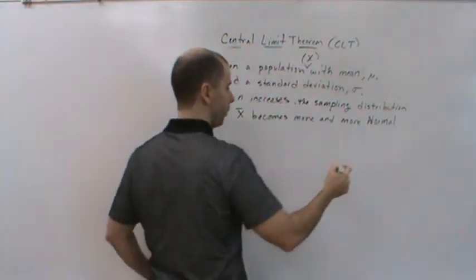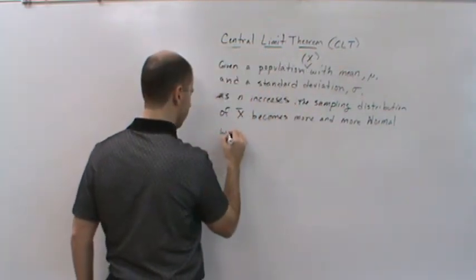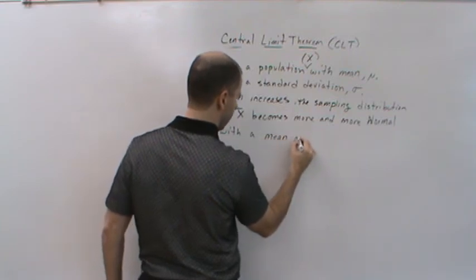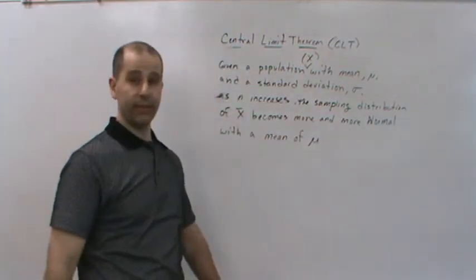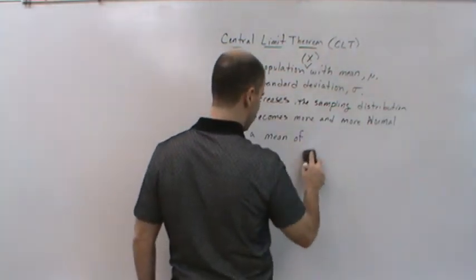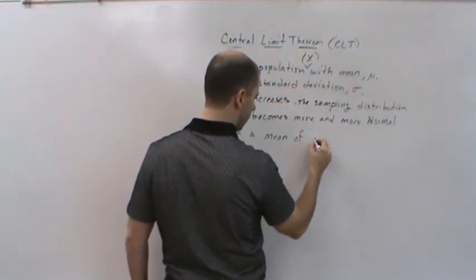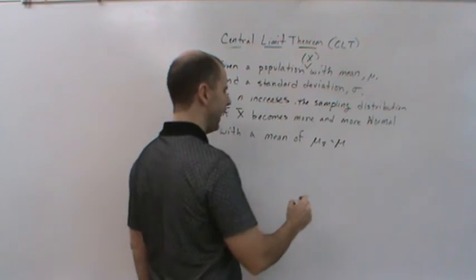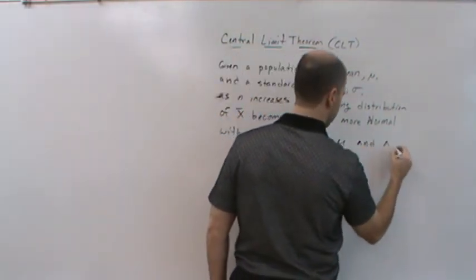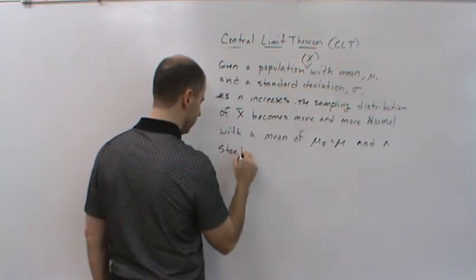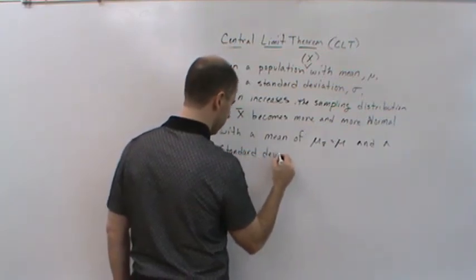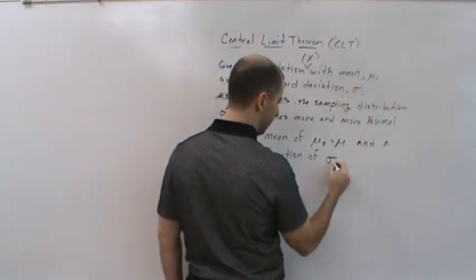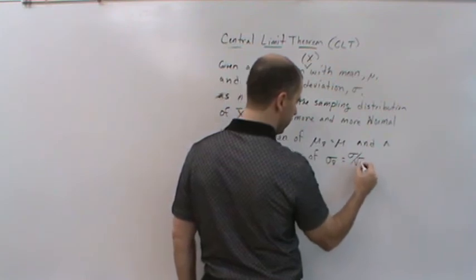Okay, now with a mean of mu. So again, the mean of the means is mu, so mu of x bar is equal to mu, and a standard deviation of sigma of x bar, which is going to be equal to sigma divided by the square root of n.